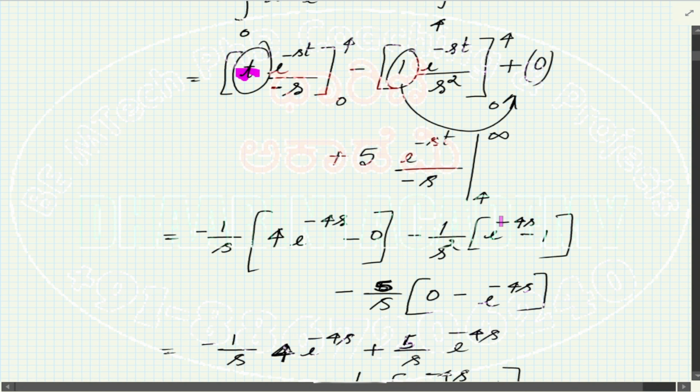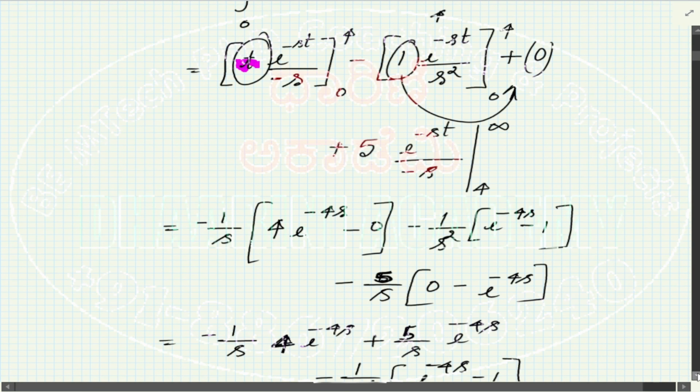So that is the second term. All right. Then the third term is anyway 0. The fourth term is 5 into, put e to the power minus infinity, that's why it is 0, minus e to the power minus 4s. Okay, so that's what we are going to get now.